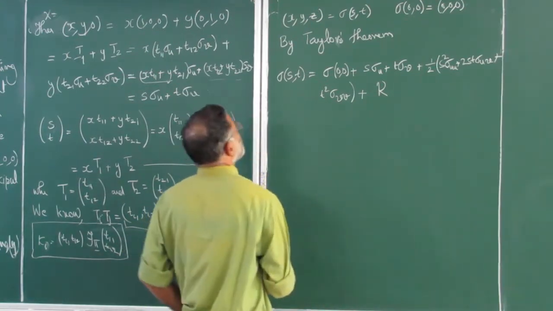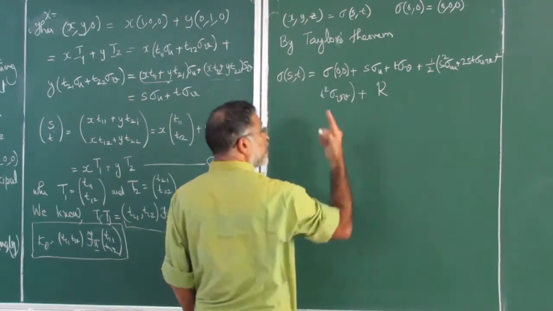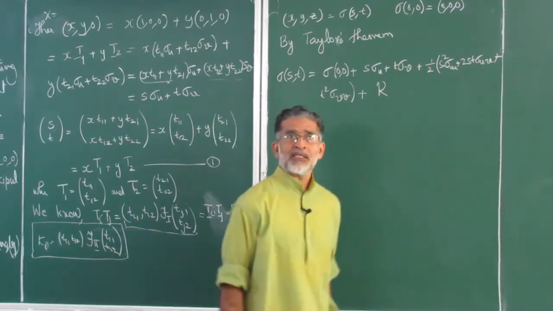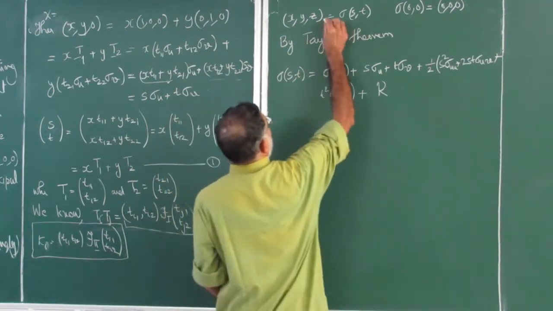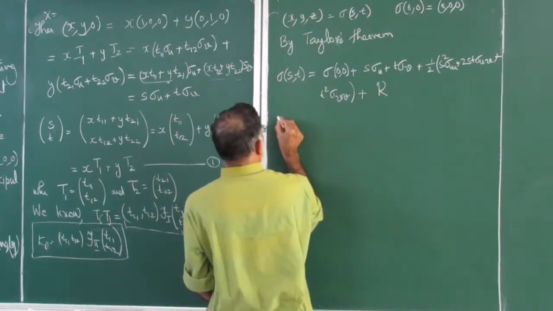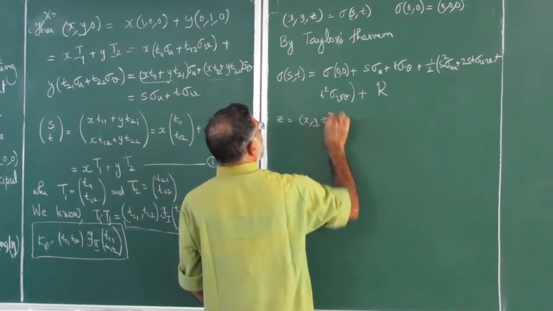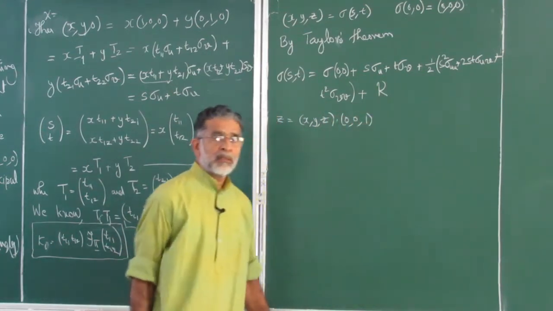Okay, so now, if this is this, then to get the Z, what do you do? You take your Z axis and dot product, if you want to get Z, so Z is equal to X, Y, Z dot, right?